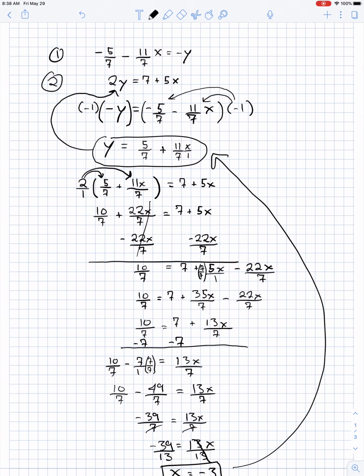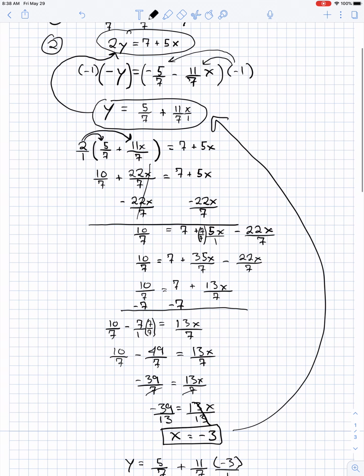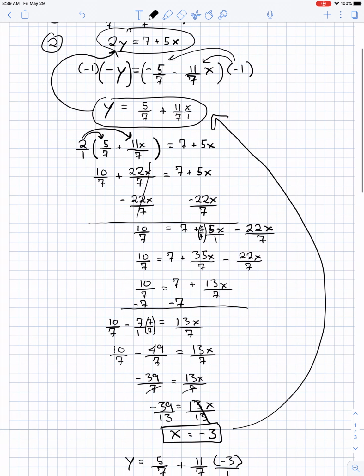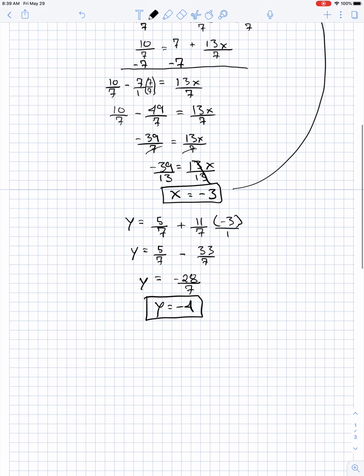So let's go back to the original equation and plug those numbers in to make sure we get a true statement. So that's 2y equals 7 plus 5x. Okay, we're going to plug our solutions in. We got negative 4 for y, and we're saying, is this true? Does this equal 7 plus 5x, where x is negative 3?